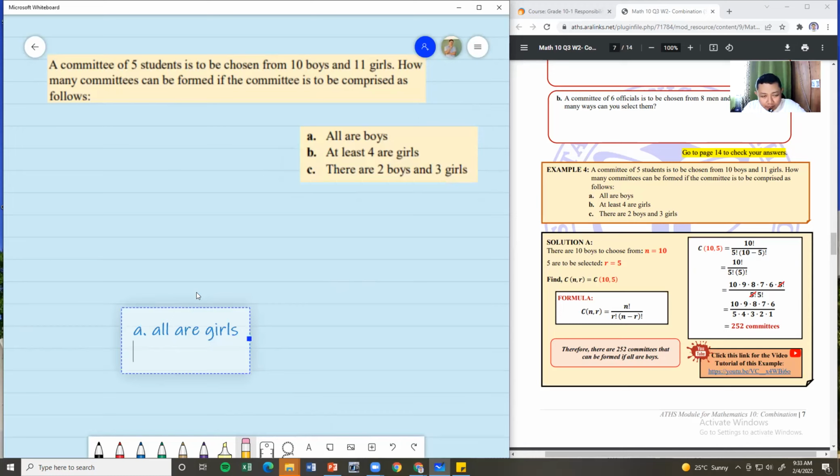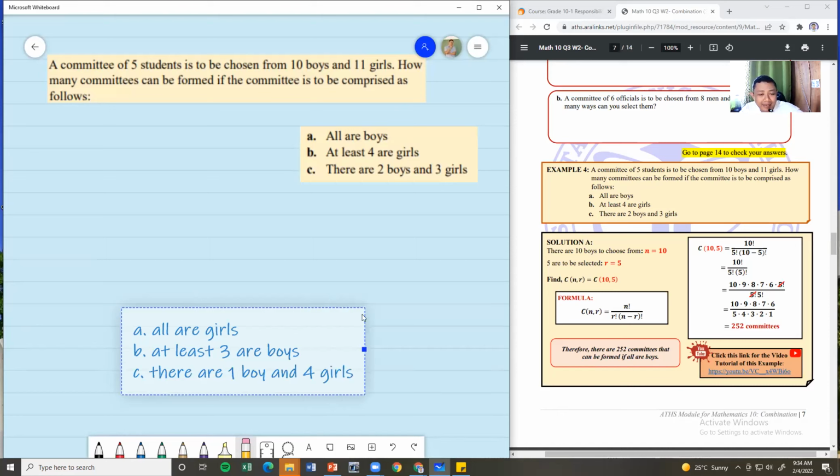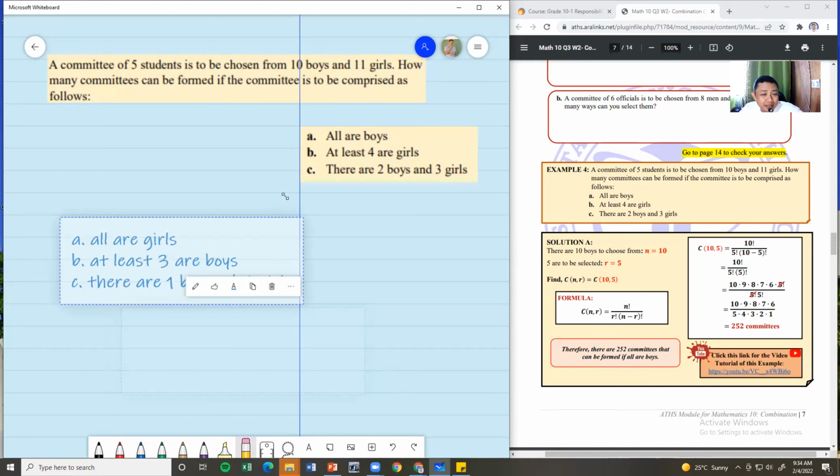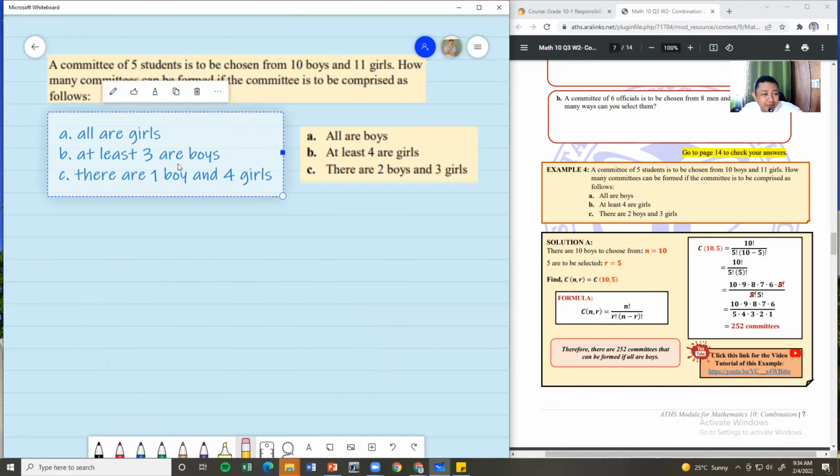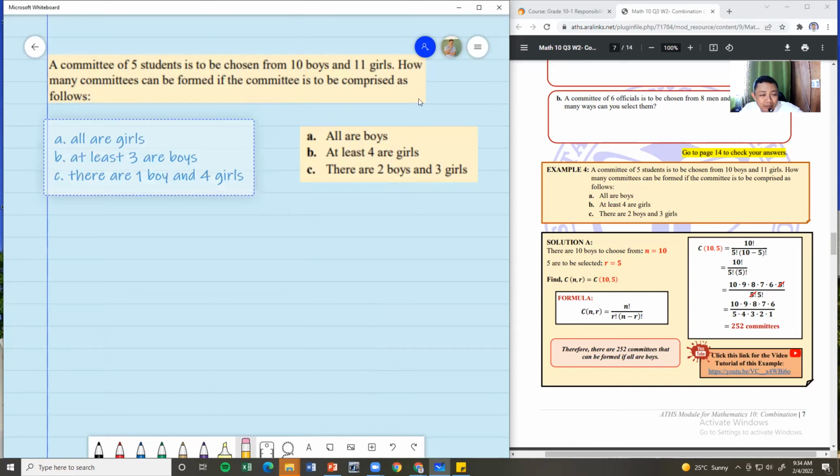B, at least 3 are boys. And C, there are 1 boy and 4 girls. As per your request, I changed the conditions, so we will have a different set of solutions here. Let me now remove this.